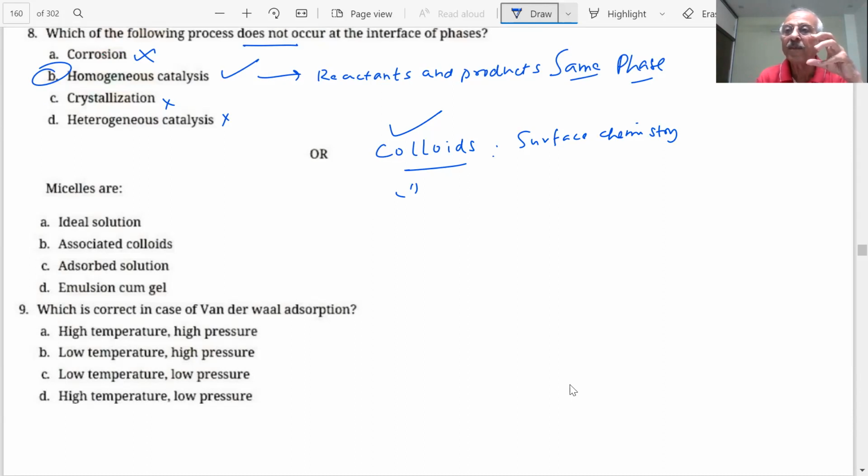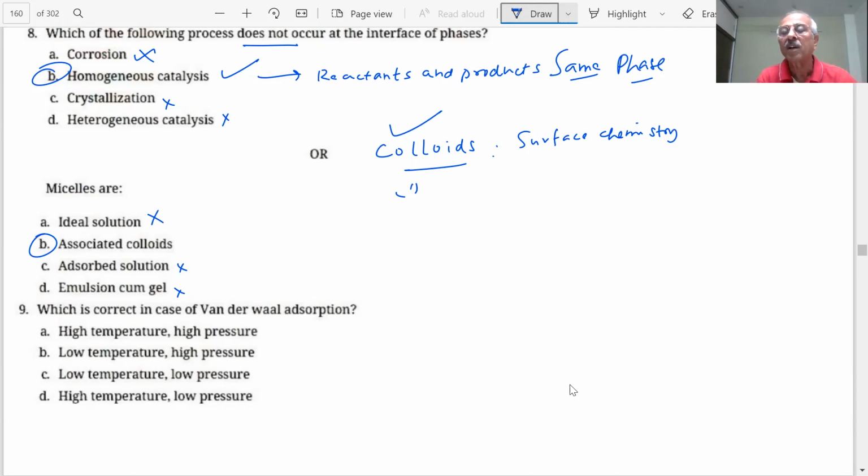So when micelles are formed, what type of colloids are they? Hundreds of molecules join together, they form aggregates. They associate, and that is what we call associated colloids. So ideal solution, no. Adsorbed solution, no. Emulsion, no. Micelles are associated colloids, which we have studied in the topic of colloids.